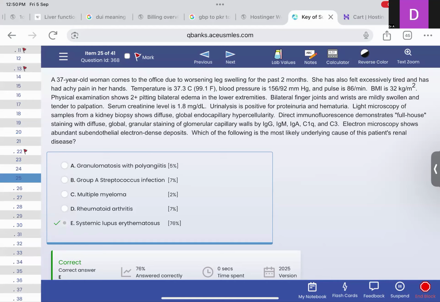Just go through your schedule. I was worried that if you guys had not gone through the nephritic and nephrotic, it would be a big problem for me to teach this, but it was good. You guys have the understanding of this. Okay, any question?